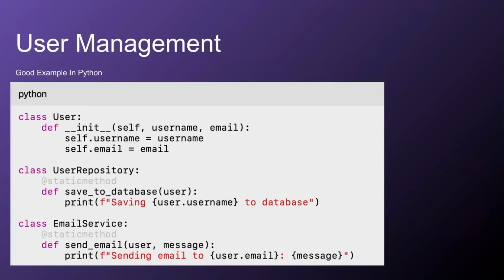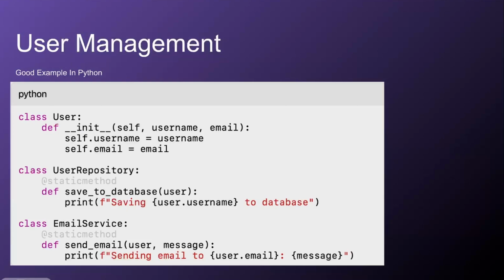So how can we fix this? What we will be doing is creating one class for user, which will be storing username and email that is set during its instantiation. There is a separate class called user repository whose function will be to save to database. It will have a static method called save to database. Just provide the user and it will save user.username to the database. And there is one more class, email service.